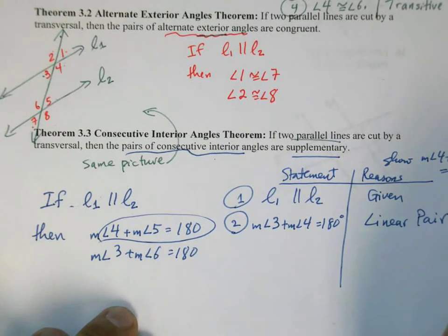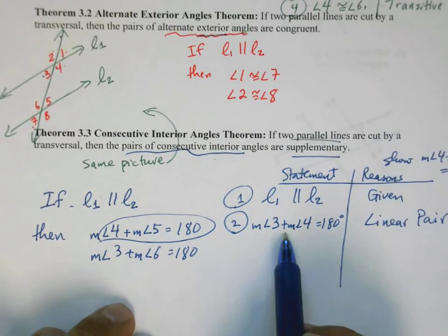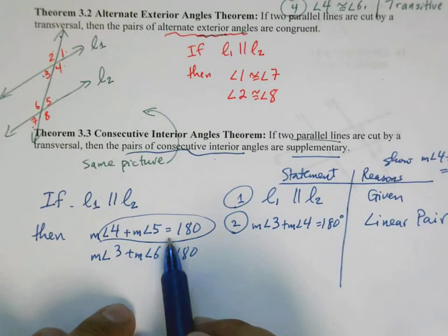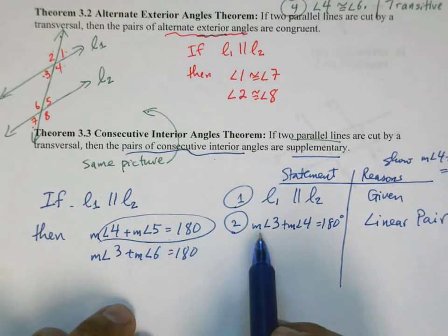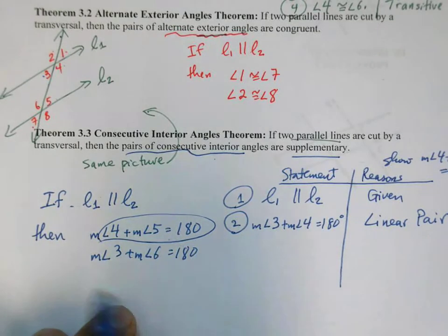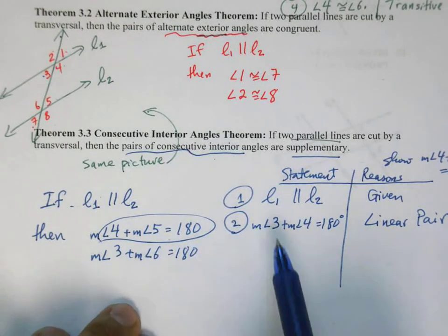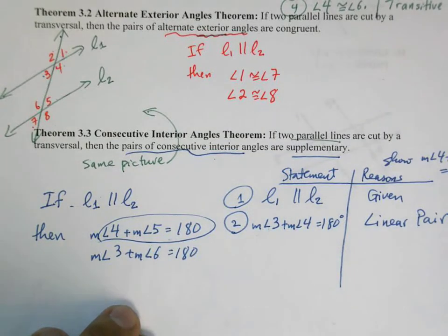Now then, I almost have what I want. We want to show 4 and 5 are equal to 180. We have here a statement that says 4 and 3 are equal to 180. So that suggests if we can find some way to connect 3 and 5 together, then we have what we're looking for.